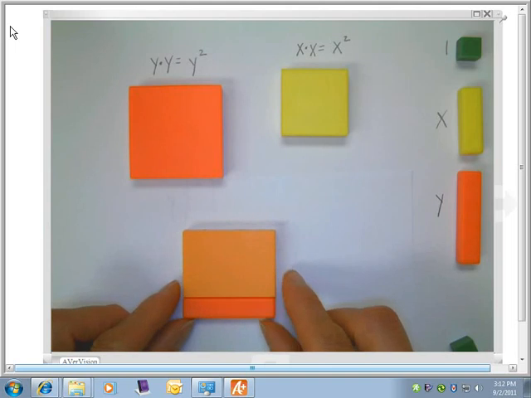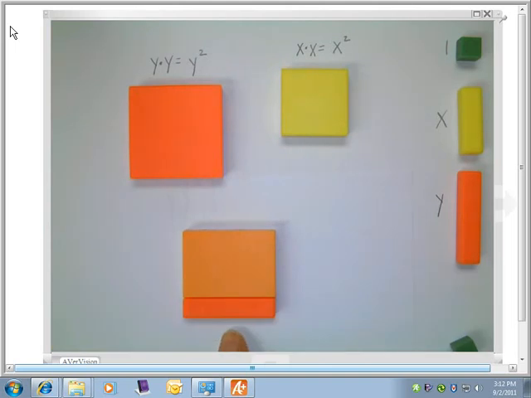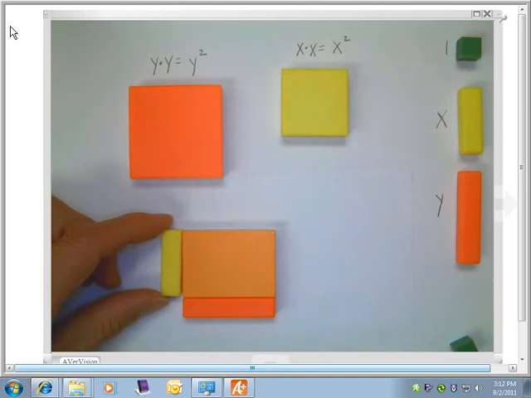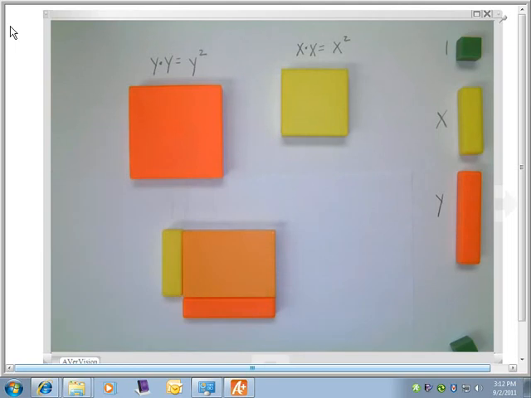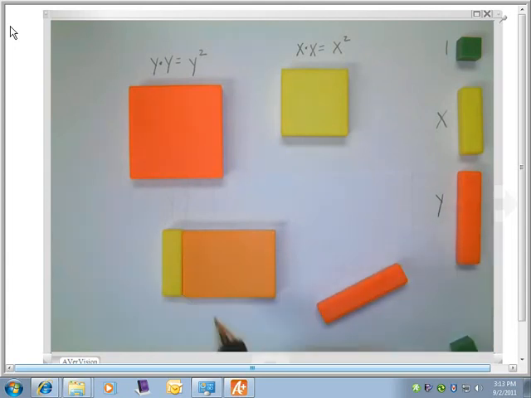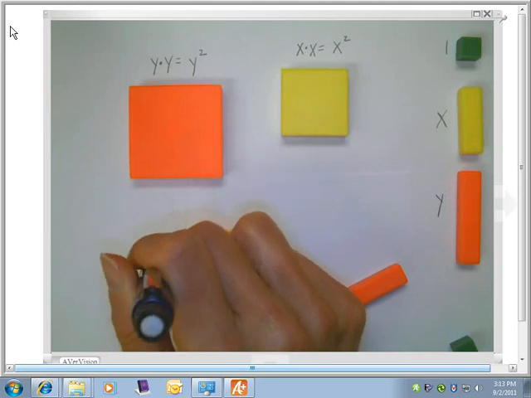So we know that this distance, that side length, is y. What about this side length? Well, let's try the yellow, because that looks a little shorter. Perfect. Look at that. So that means that this side is y, and this side is x.